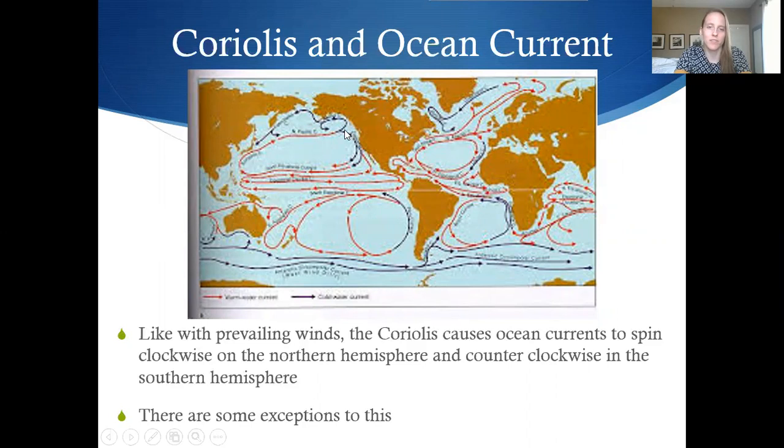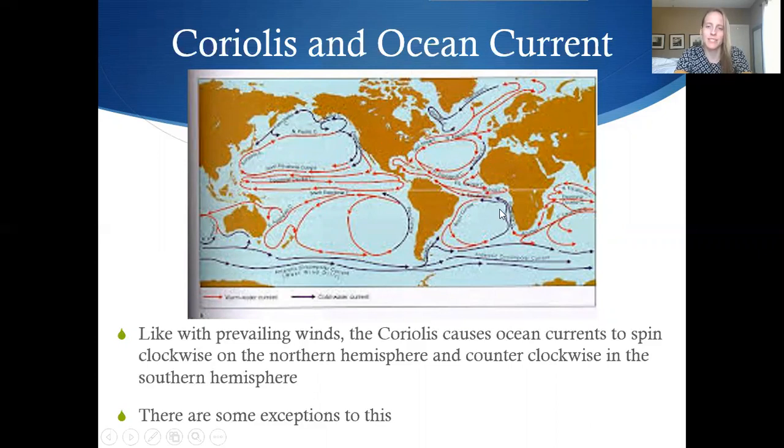If we go over to the other side of North America, that ocean current is also spinning clockwise. There are a couple of exceptions to this, especially as you get further north, but our main ocean currents that affect our weather both spin clockwise.